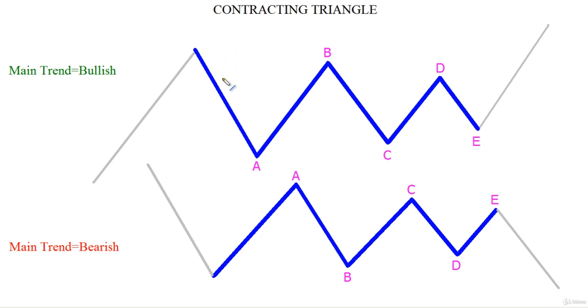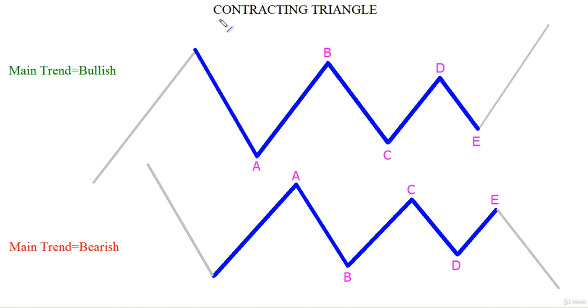In that case, the triangle does not precede the final move of the trend, okay? We will discuss this in more detail in the coming section on combinations, but for now, keep in mind that triangles are second last waves in a pattern like an impulse or in a zigzag. So that's about a triangle in general.